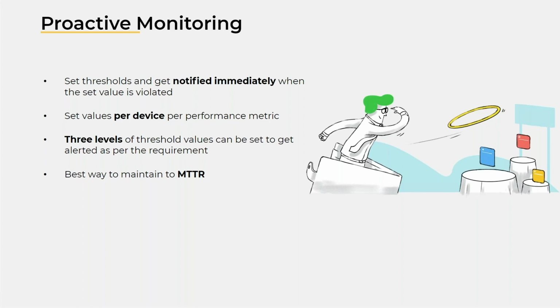For example, you may have a Windows 2016 server and a Windows 2012 server. Certain 2016 servers may be business critical, so for those you can set a per-device threshold, and the remaining Windows 2016 servers you can associate in bulk. There are 3 levels of thresholds in OpManager for you to proactively monitor.